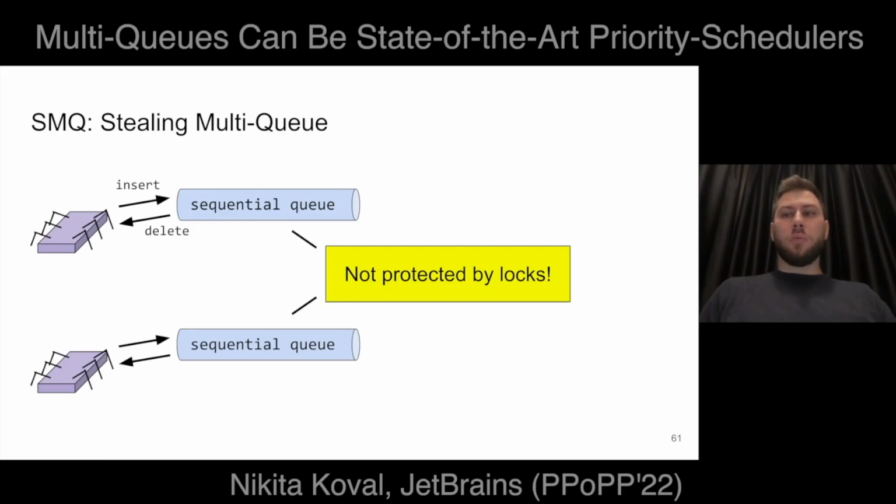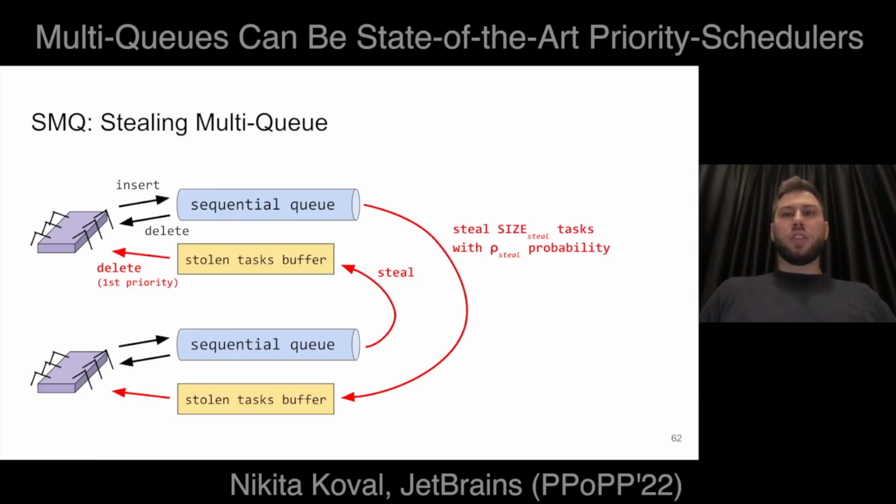So, with some constant probability, we steal from other threads, and we steal in a batch. So, we steal multiple tasks. For that, we also maintain a thread local buffer for these stolen tasks, and we process these tasks first when we need to extract a new task.